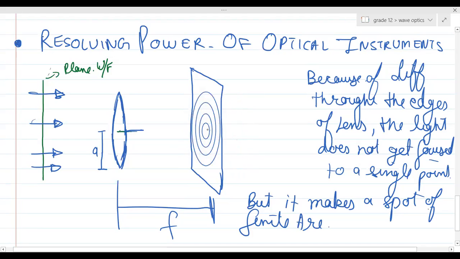Guys, are you understanding this particular thing? So here a circle will form, then there will be a dark fringe like this, then this disc, then dark, and so on. Guys, understood? Rings keep forming like this over a finite area.